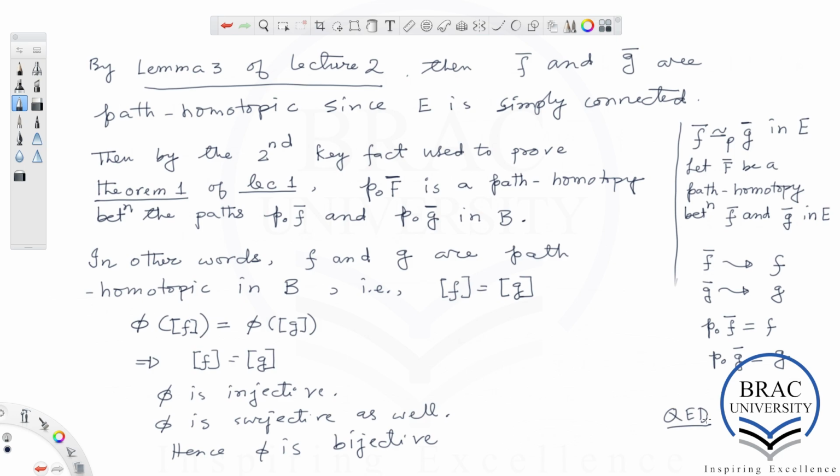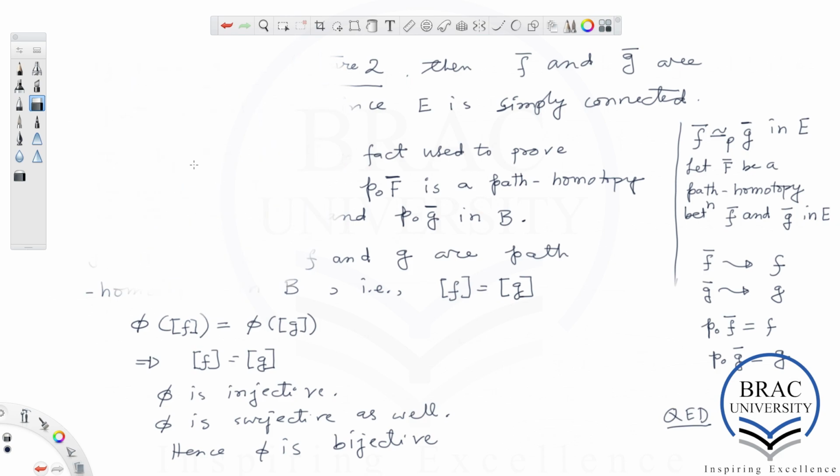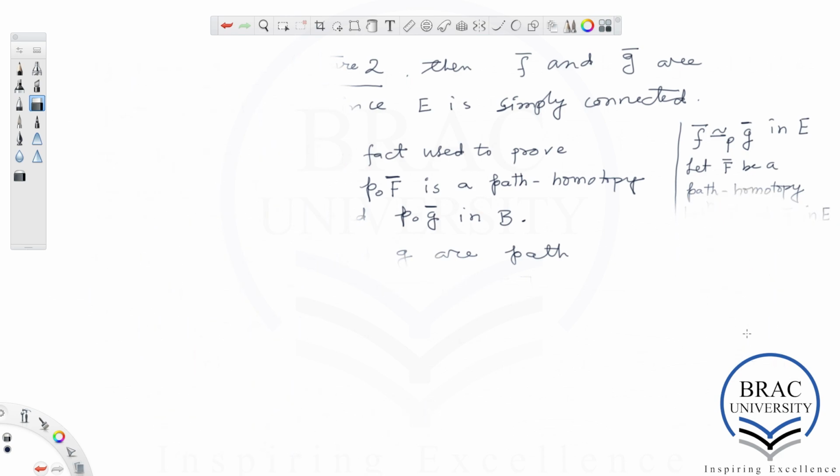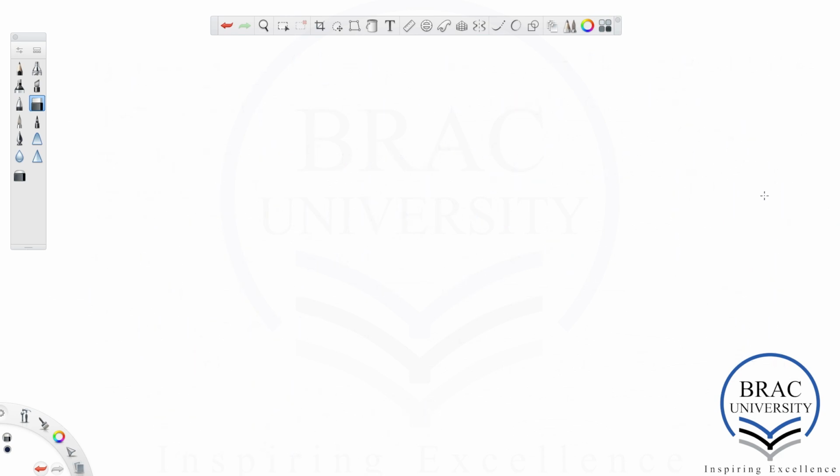Now the main theorem of this lecture. So we have been doing all these things. So we are preparing to prove this theorem. We developed all these tools. We defined the lifting correspondence to prove this main theorem of the current lecture.